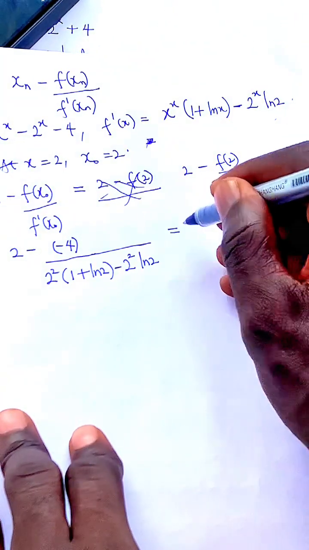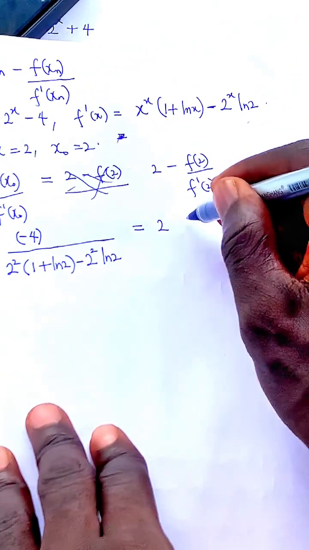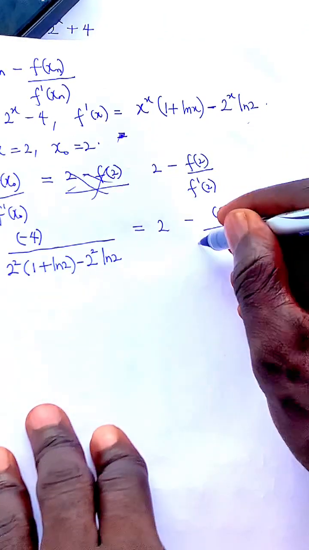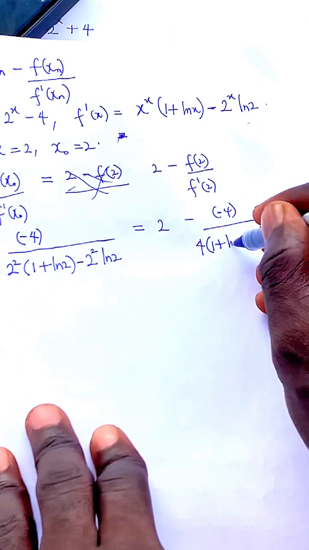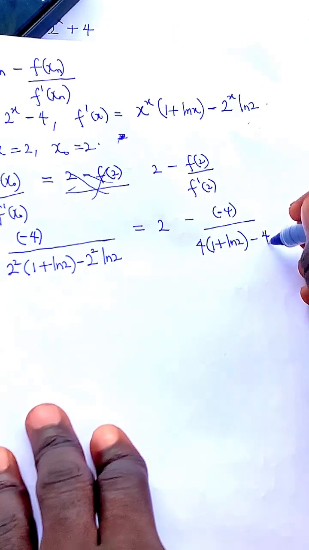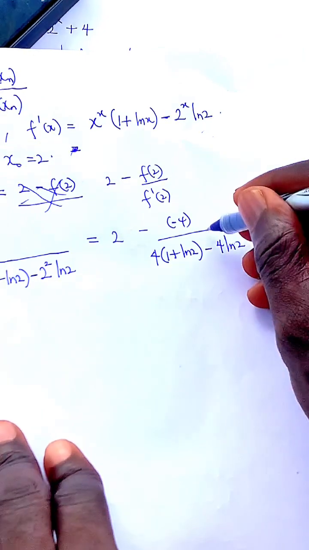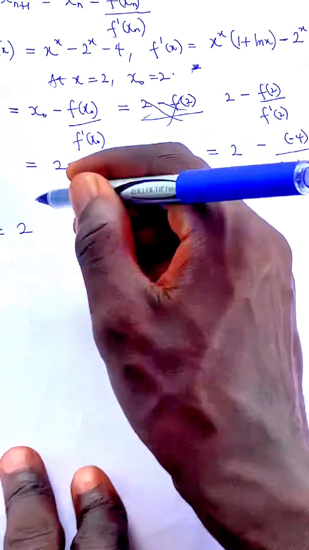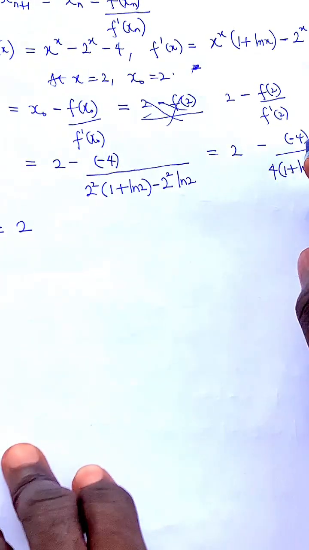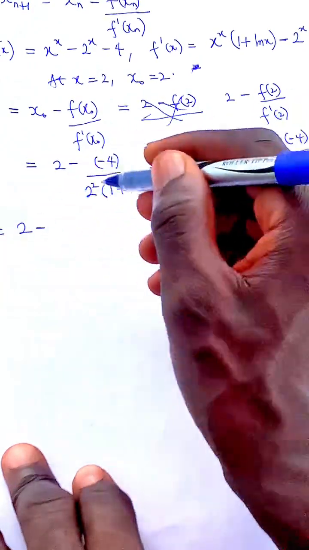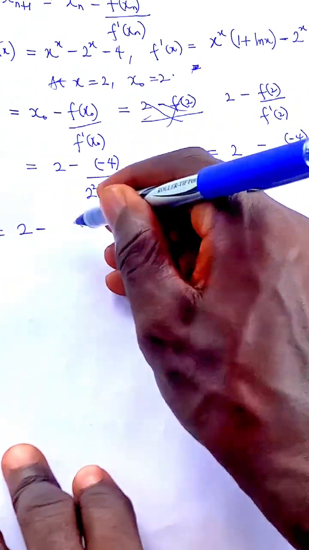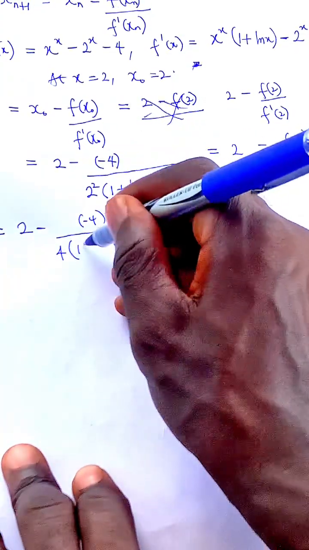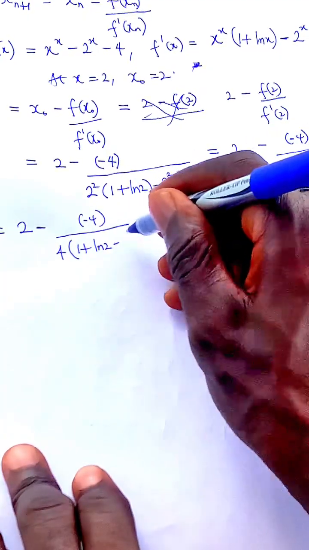Now here you will see that it is equal to 2 minus 4 into, here is 4, 1 plus ln 2 minus 4 ln 2, and is equal to 2, yeah, minus, okay, let's still leave it like that. Here is minus 4. 4 and 4 is common, pick one. Then here will be 1 plus ln 2 minus ln 2.